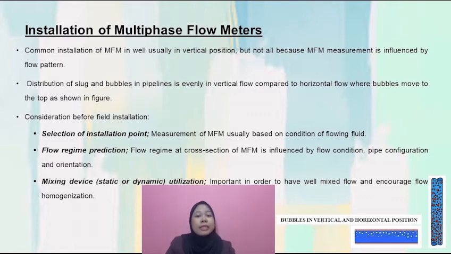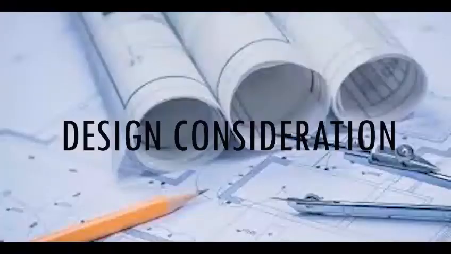And the last one is mixing device, which is static or dynamic utilization. This is important in order to have well mixed flow and encourage flow homogenization. The mixing devices used have different specifications from conventional to advanced that can reduce slugging problems by absorbing it.